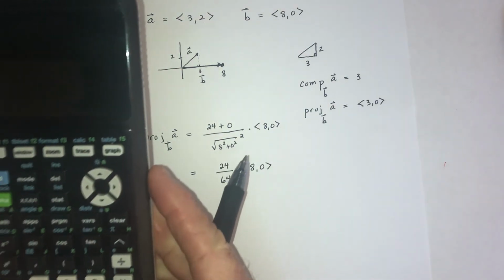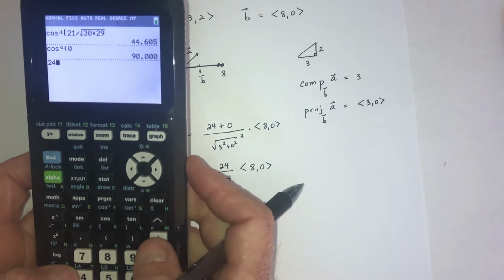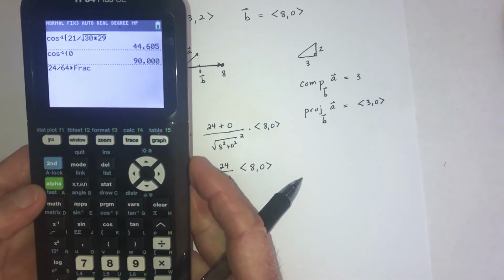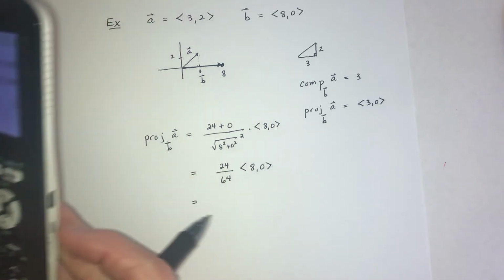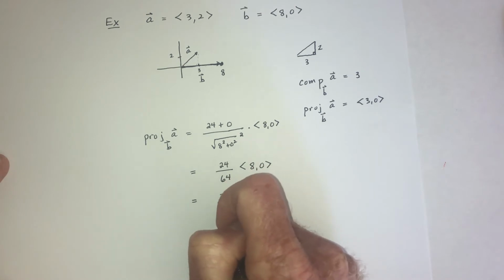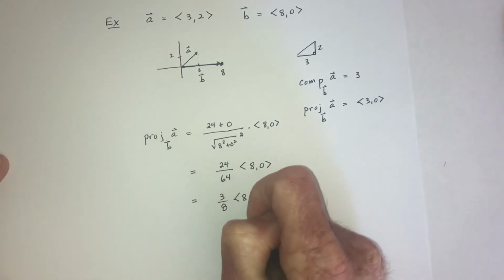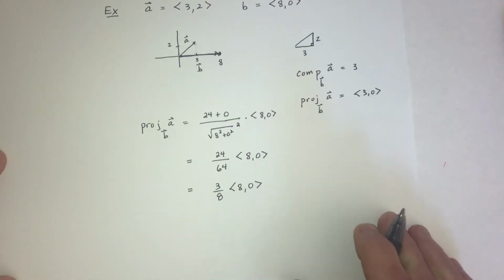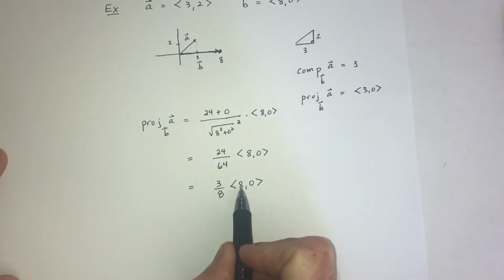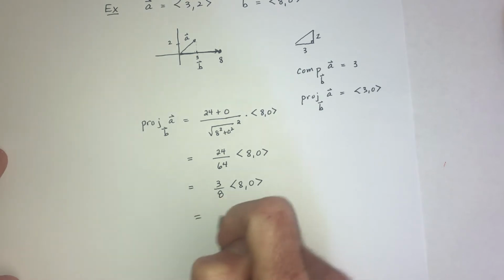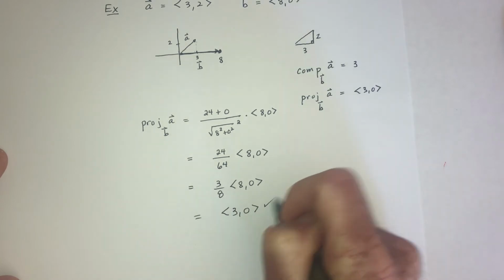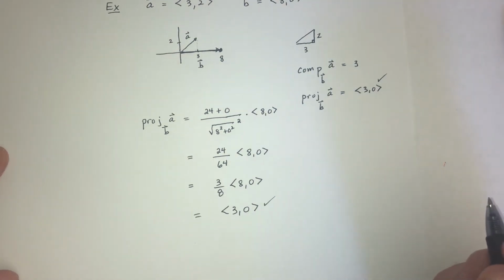Well, let's see, how much is 24 divided by 64 as a fraction? That's 3/8. So I need 3/8 of the vector 8, 0. Well, when you multiply the 3/8, then these 8s are going to cancel, leaving a 1, and then it'll just be 3, 0. So this is correct.